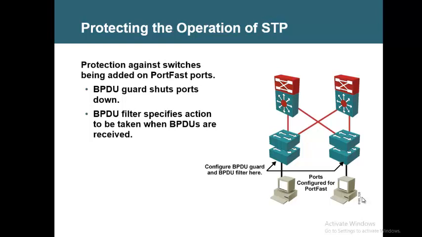We are not disabling spanning tree. We are telling the port not to wait for BPDU responses. Don't expect any BPDUs to come in from there. That's the meaning of port fast. So that's one way, you don't expect BPDU, which means you are not expecting any switch to be there on that port. Secondly, you can enable BPDU guard.